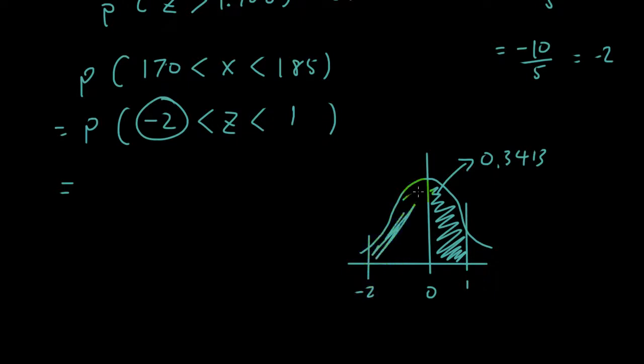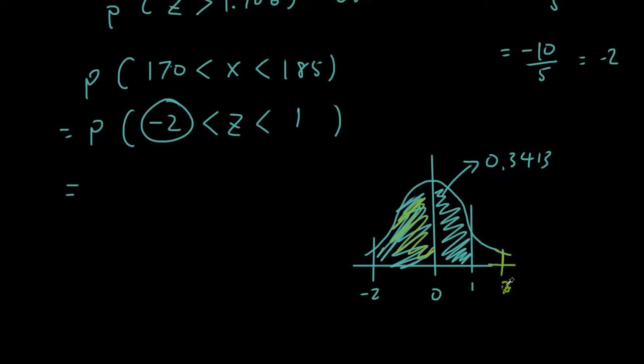How would we find this area? Well, if you guys can see that because the normal distribution is a mirror image of the right hand side, this probability is going to be the same as if I draw a positive 2, this area is going to be the same as this area. Both of these are going to be the same size.